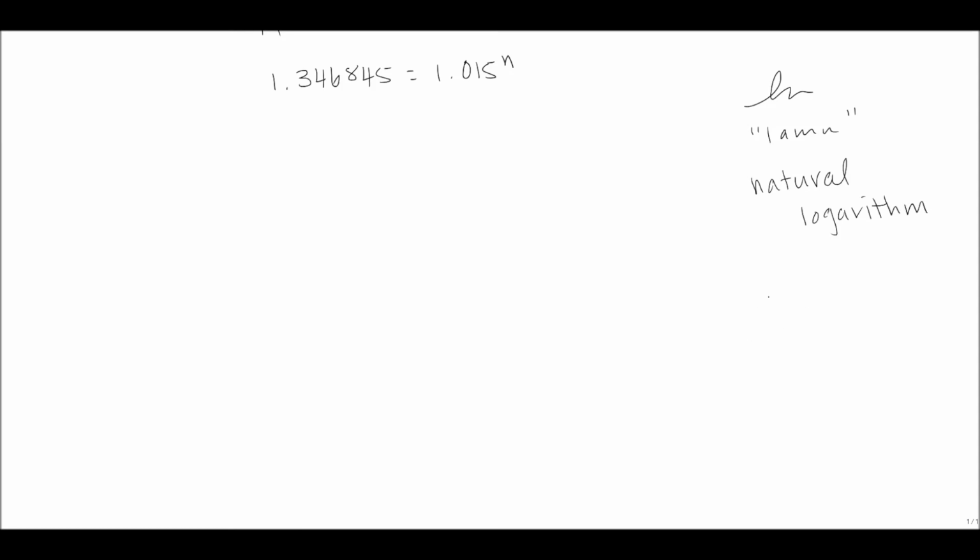So we take ln 1.346845, and we take ln 1.015 raised to the power of n. This brings out our exponent, and we're left with the remaining linear equation.